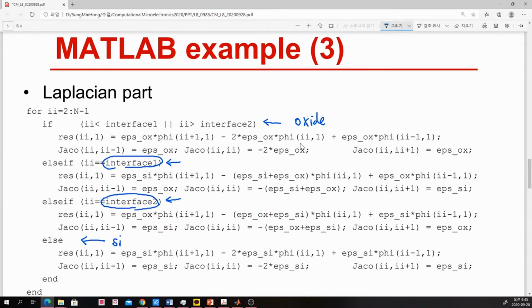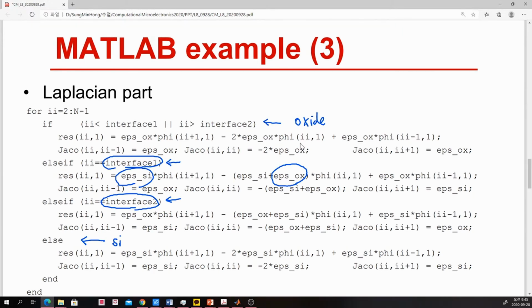In this case, we have to mix epsilon sub silicon and epsilon sub oxide, because we have just a mixture of silicon and silicon dioxide at these interface points. I think that you have already done it for your previous homework, so we don't have to repeat it again.